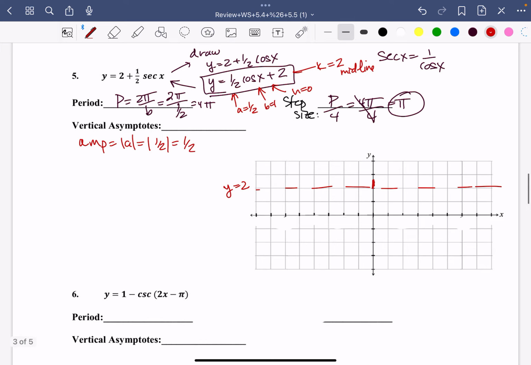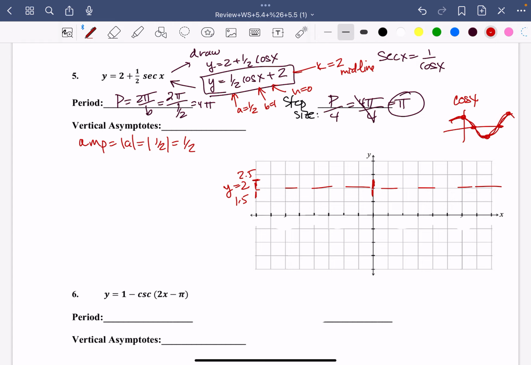So when I look at this thing, my regular cosine is a peak, a 0, a valley, a 0, and a peak. So that's my regular cosine. So that means if I start off at 0 and each step is of size pi, then it's going to be 0, maybe I make this 1 pi, 2 pi's, 3 pi's, and 4 pi's.